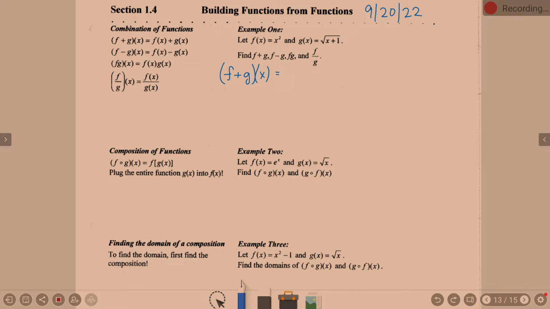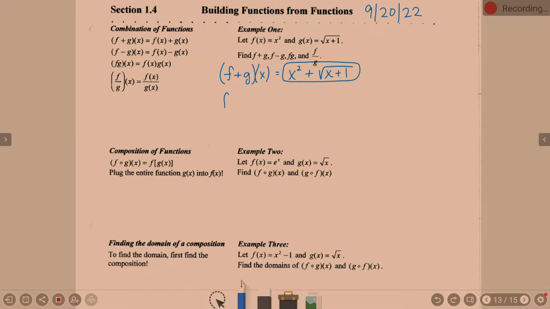X squared. What is g? Square root of x plus 1. What is x squared plus square root of x plus 1? X squared plus square root of x plus 1.